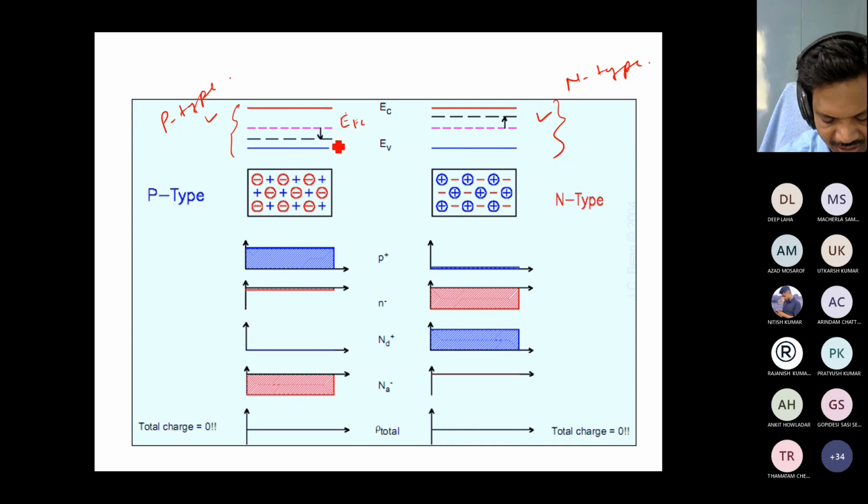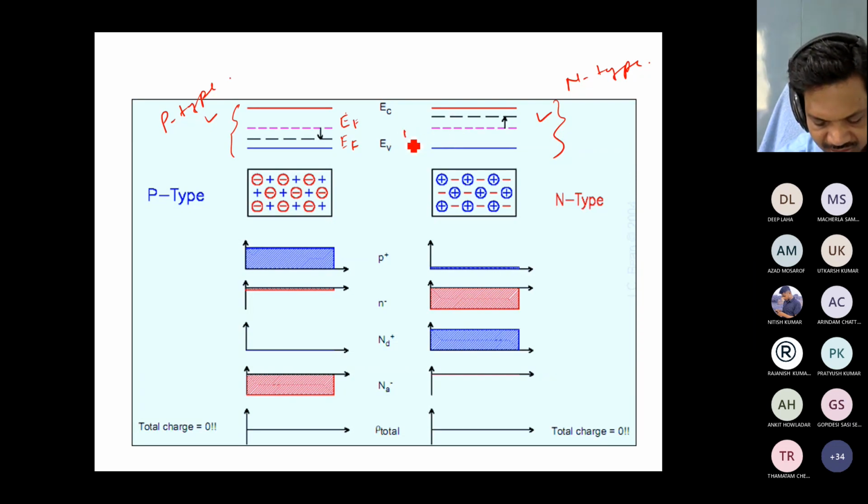And after doping, it is shifted towards the valence band energy. That indicates that more holes are there, so this indicates it's a p-type semiconductor, and that appears due to doping.